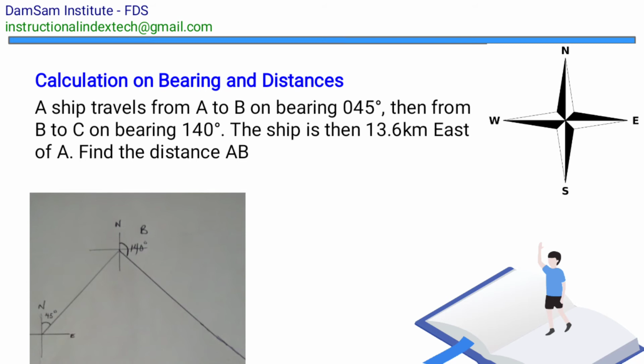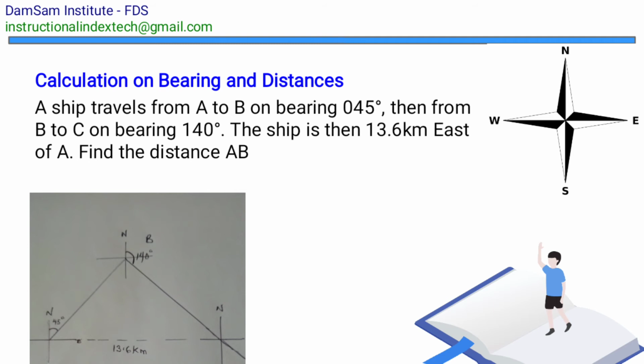So the ship is then 13.6 kilometers east of A. So we're going to locate the east of A, and we direct it straight to where the ship is now, and the distance between them will be 13.6 kilometers, just like what we are showing on the screen.